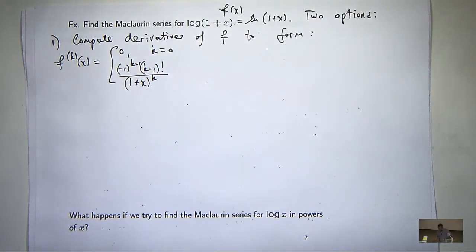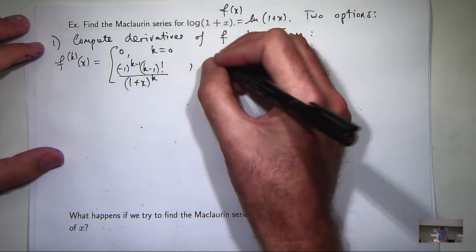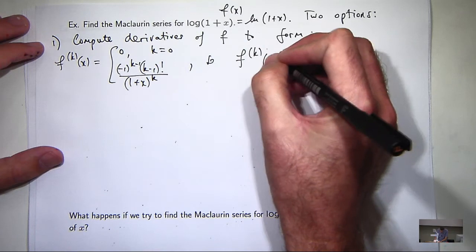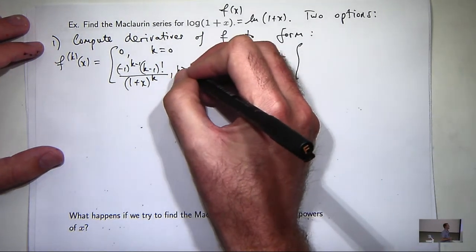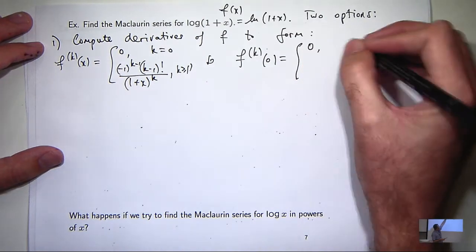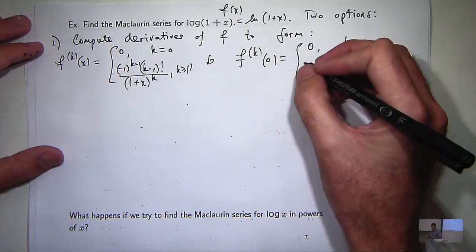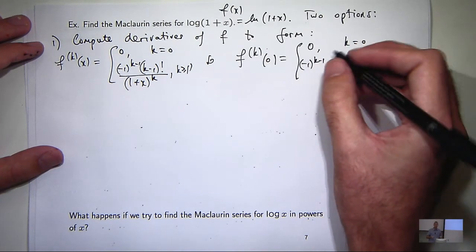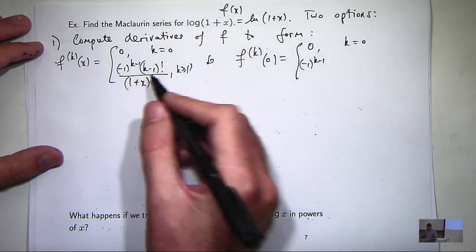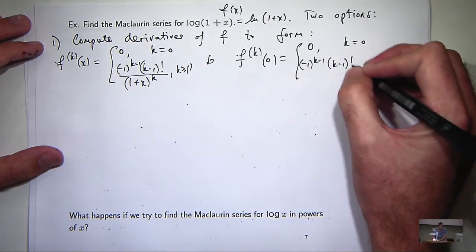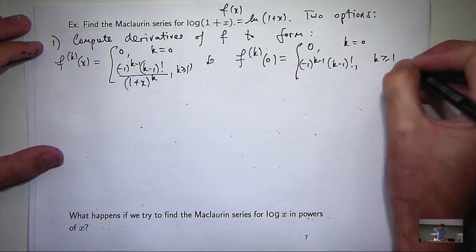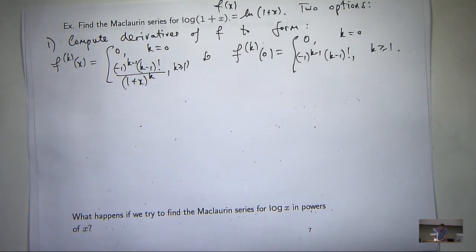Now, when I sub in x equals 0 here, I get 1 to the k, which is always 1. Now, if you apply your Maclaurin series formula, you can obtain the following.